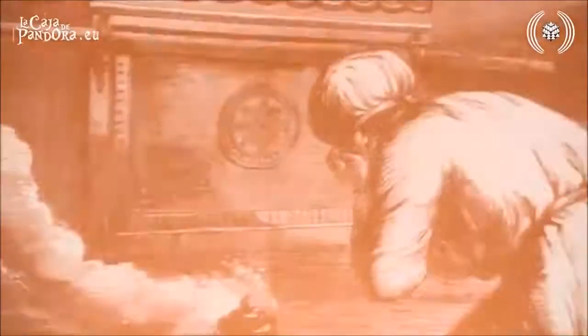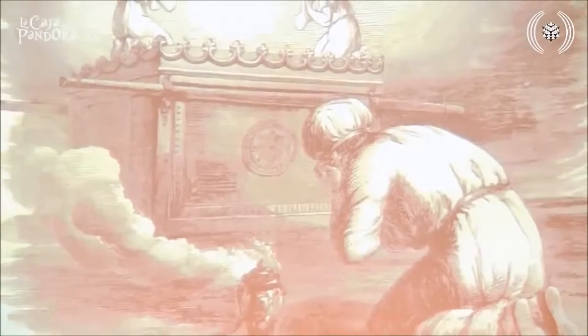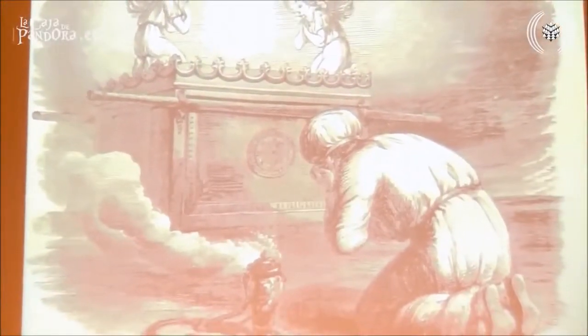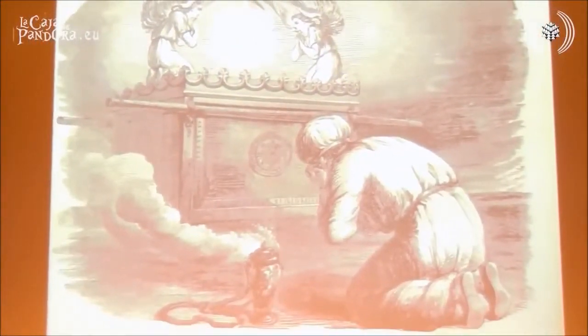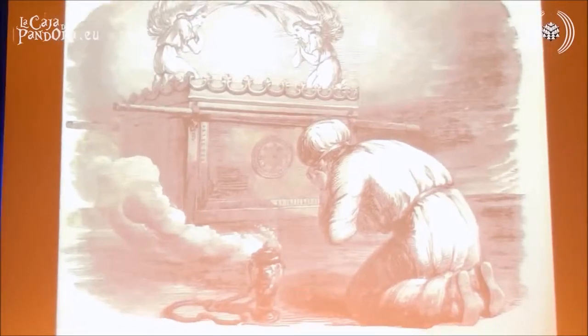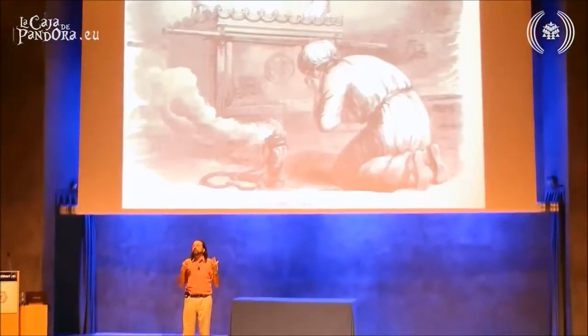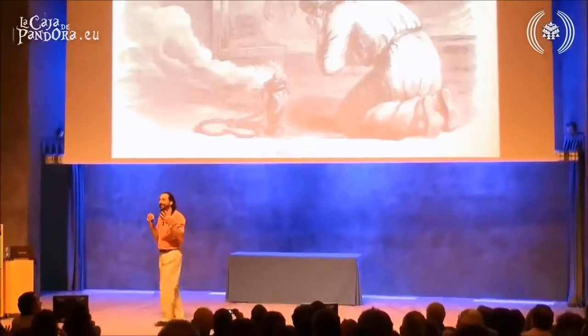It was called the Ark of the covenant of God. It was this incredible object that had all sorts of power. It was able to do all sorts of things. For instance, it was said that it would radiate, and if you didn't cover your face, you would get sunburned, right?